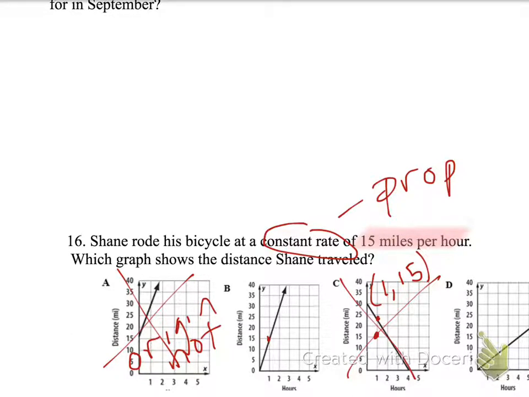For every 1 hour, it has to go 15 miles. And sadly, this one does not. But this one does. It has (1, 15). Alright, and then if we look at answer choice D, at x equals 1, it doesn't have 15 either. So D is not our answer. So B has to be our answer.